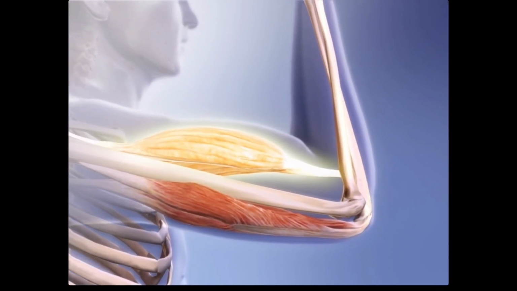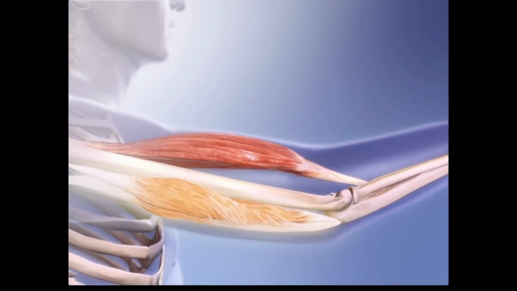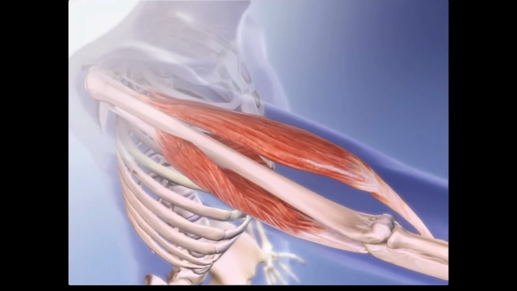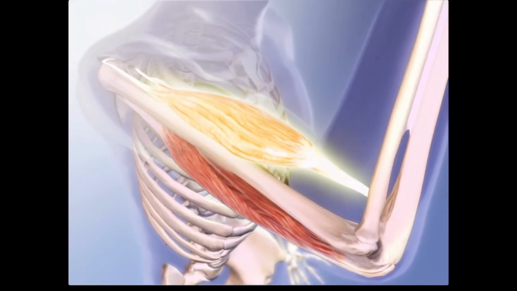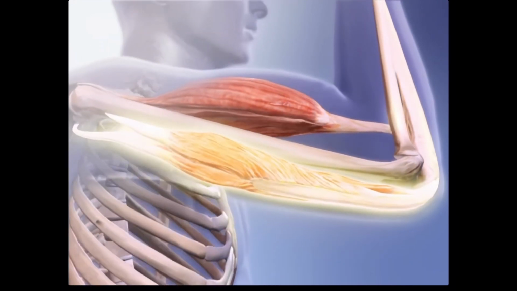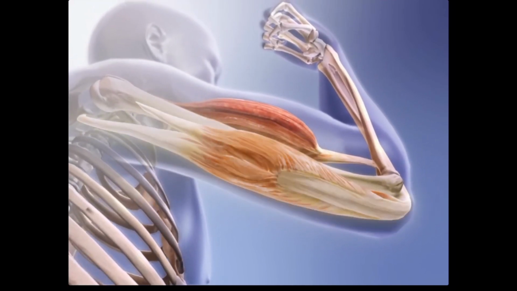Now look at the movement of the muscles in relation to the skeletal system here. Now we're going to relate this to the veins in our circulatory system.